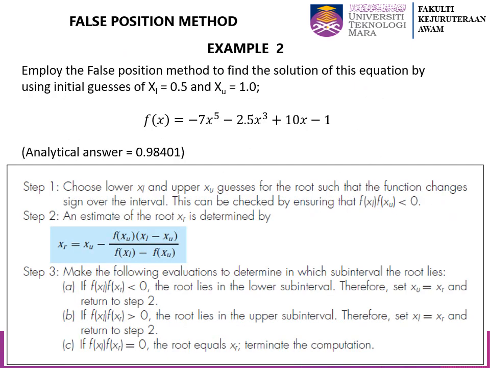For the second example, we will use the same function of fx to solve the root of the equation using the false position method. I've explained the concept of the false position method. The steps are actually similar to the bisection method, except in terms of the formula of XR.